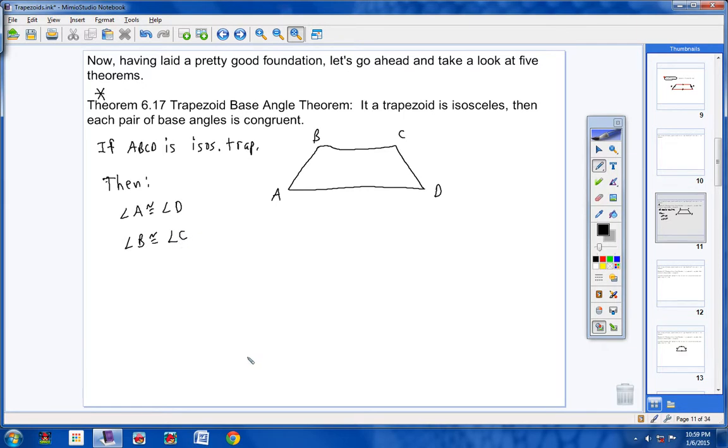That's all that it's saying. So if you have an isosceles trapezoid, then these two angles here are congruent, and these two angles here are congruent. Got it? Okay, so if a trapezoid is isosceles, then each pair of base angles is congruent.